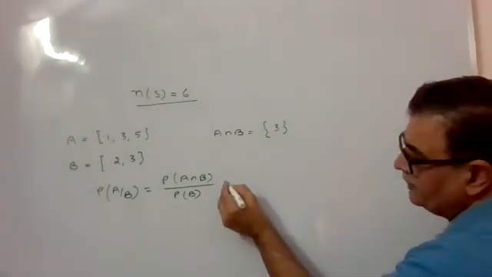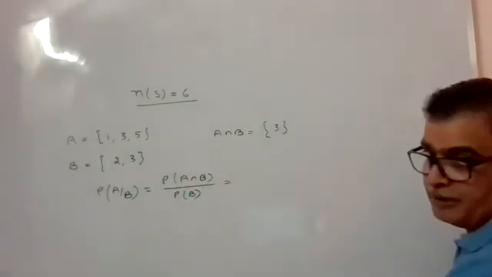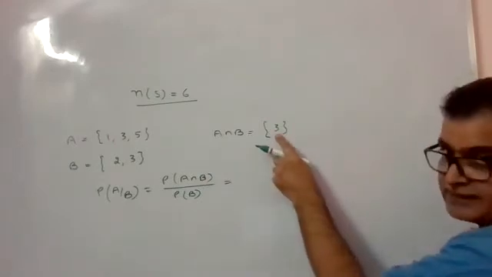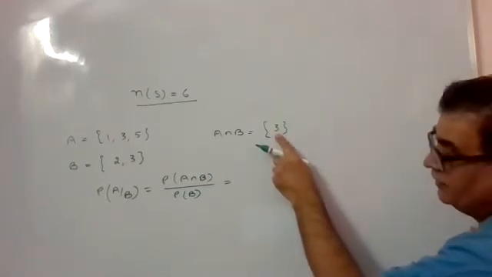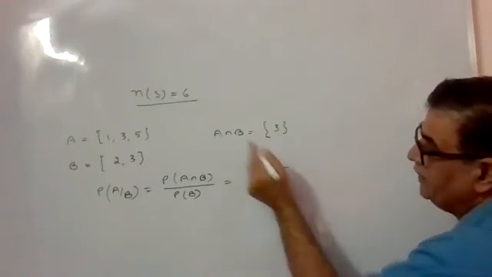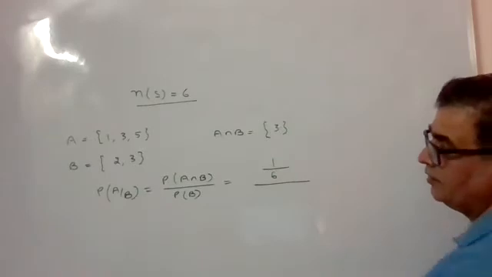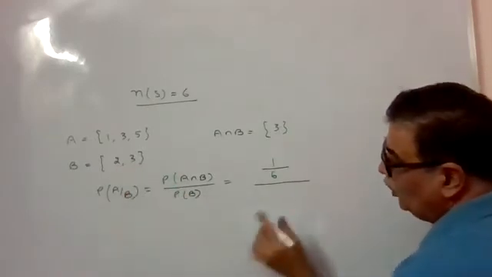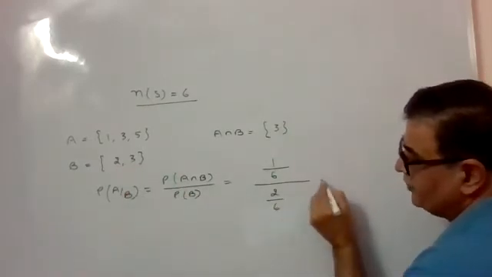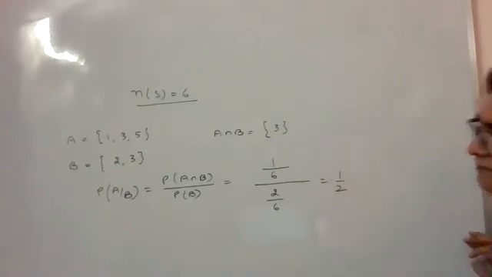So can you write what is probability of A intersection B? A case आपको favor कर रहा है, that is 3. So I should say 1 by total cases 6 divided by P(B). B को कितने केस फेवर कर रहे हैं? 2. So we will say 2 by 6. Your answer is coming 1 by 2.